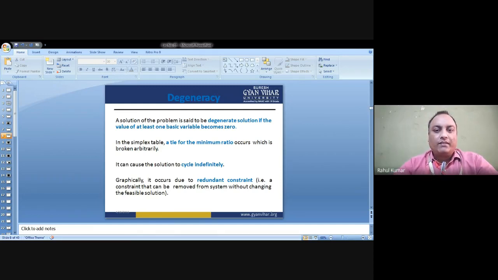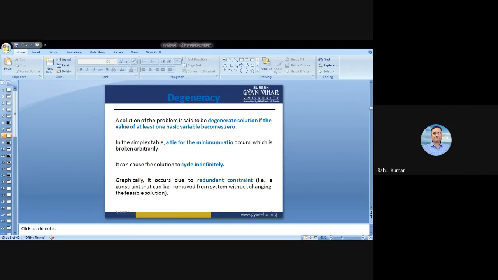But in the case of the graphical method, only two variables are used. In the simplex method or a special case of simplex problem, more than two variables are used here.